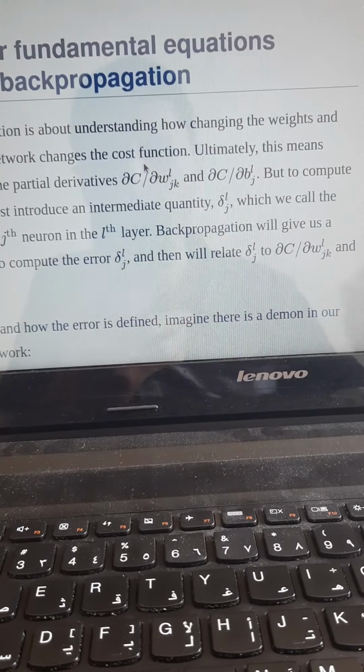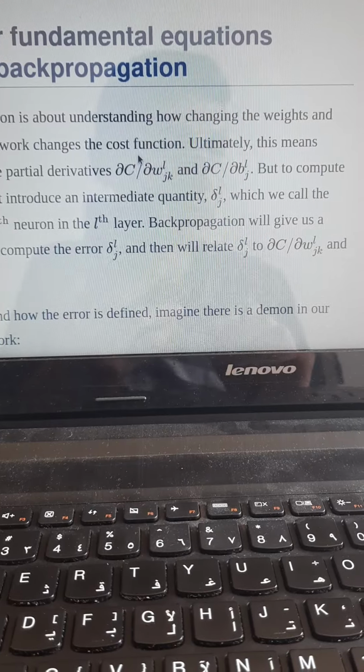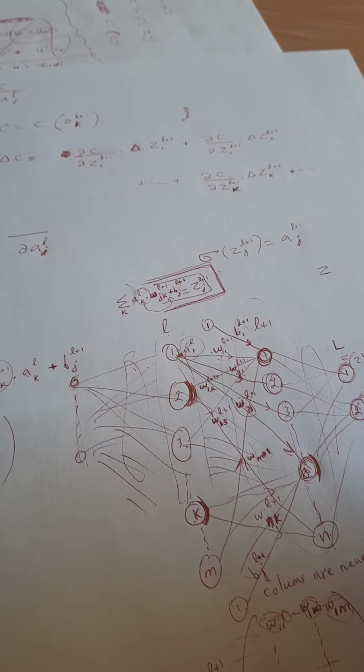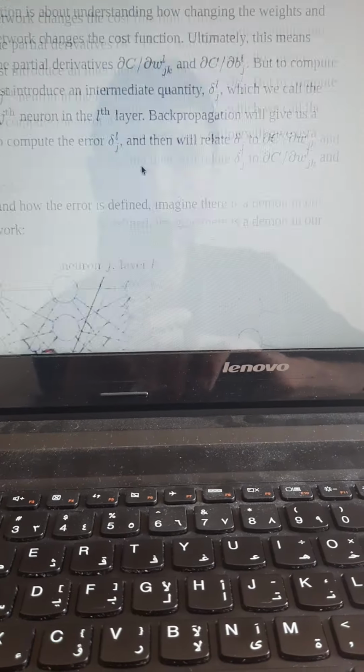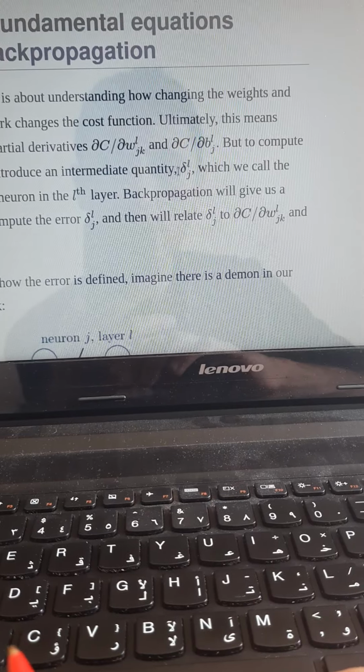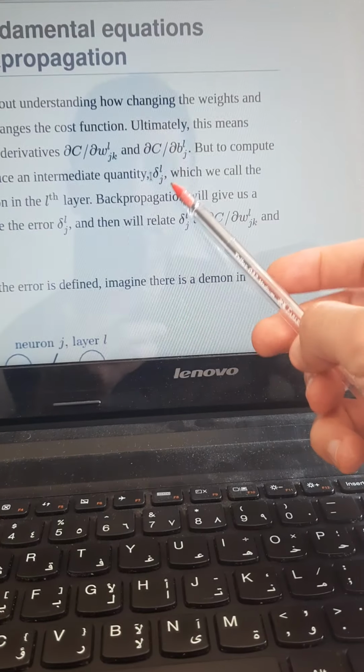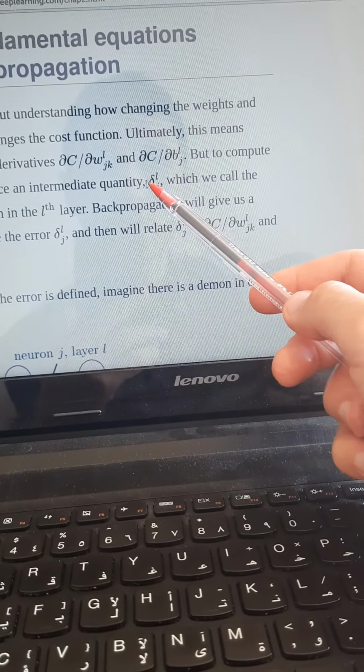You may check the previous video I made about the whole convention used in the book, where the writer defined the error.